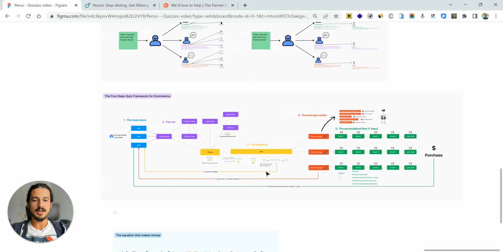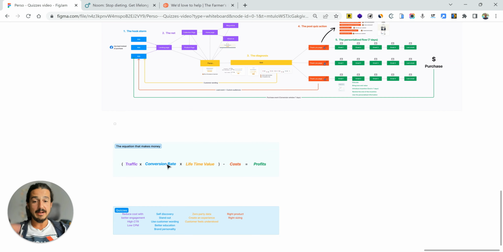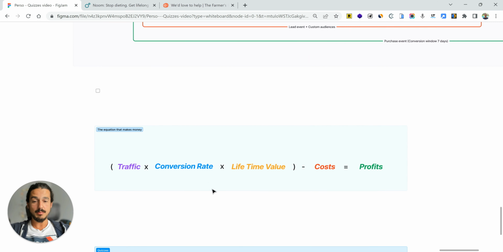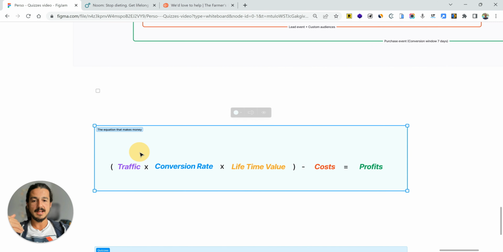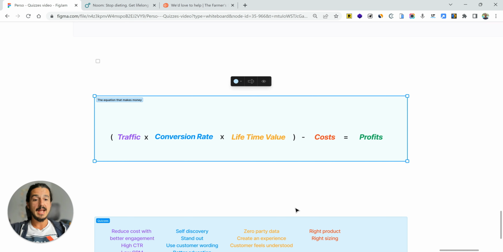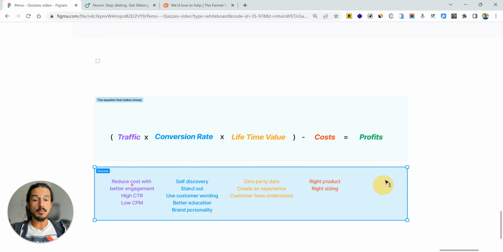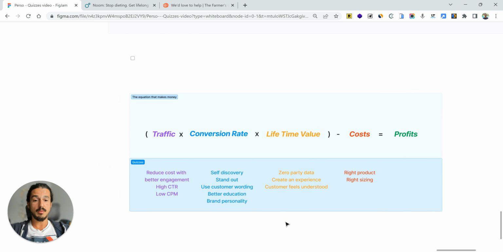And now that you probably understand that it is applicable for every type of e-commerce, if we look at the equation that we were looking at the beginning, traffic times conversion rate times lifetime value minus cost equals profits, and we apply what we just have seen with the e-commerce quiz funnel, we can see that it will improve every step of it.